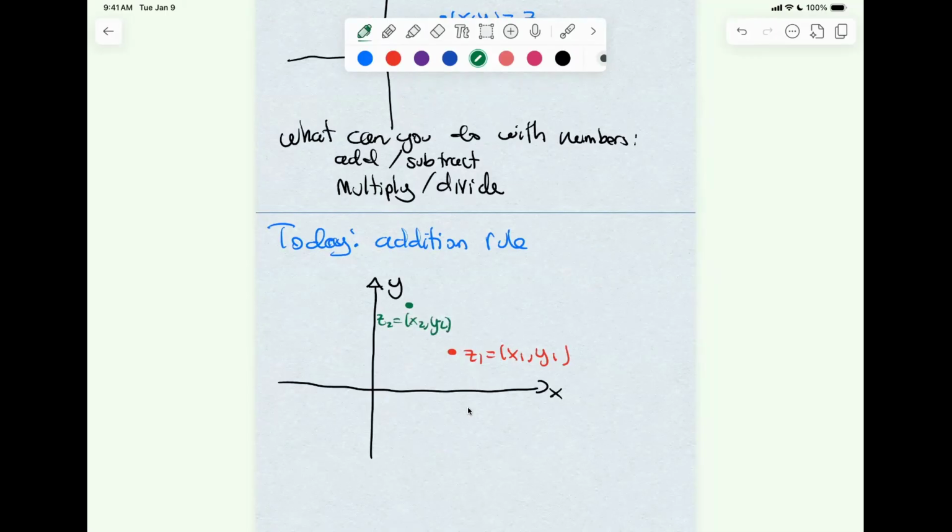The way the sum is defined is that algebraically, it is the entry by entry, coordinate by coordinate sum. So to add these 2 points, I add the x coordinates and add the y coordinates.